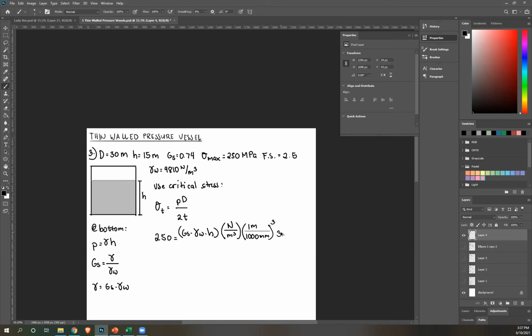So times 30. Once again, this is meters. I need to convert it to millimeters, so times 1000. Wait, H pa pala. This is only gamma. Then H, height is 15 meters. So 15 meters, again convert to millimeters, times 1000.